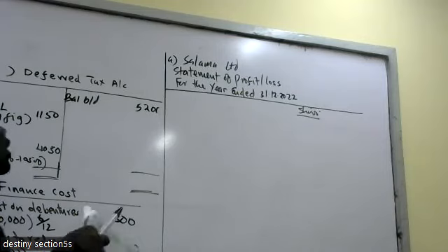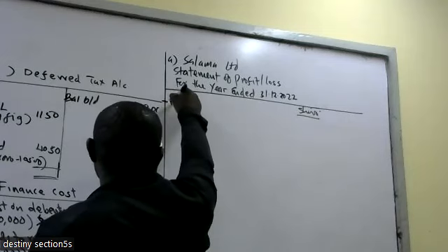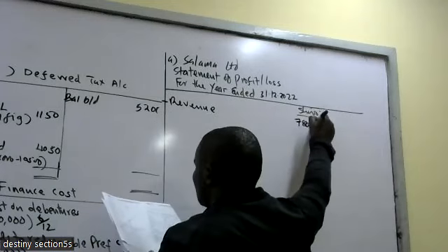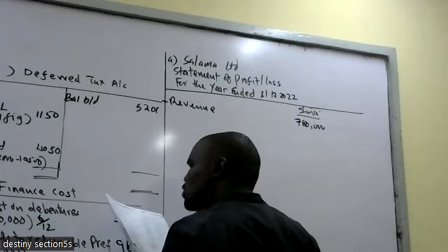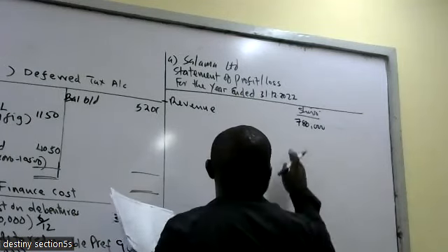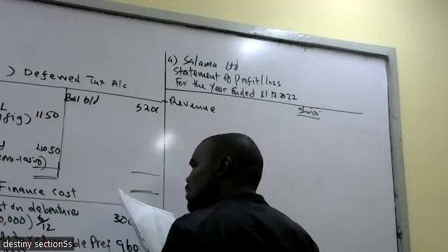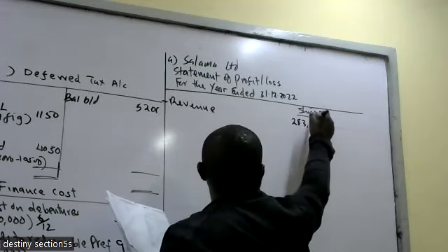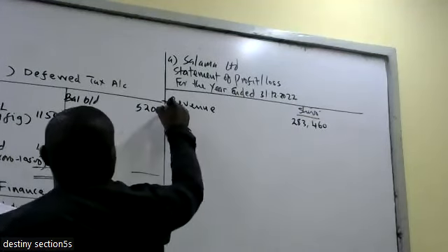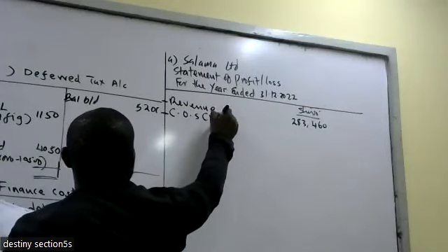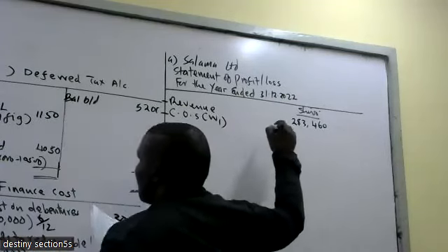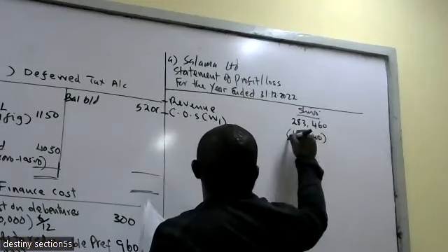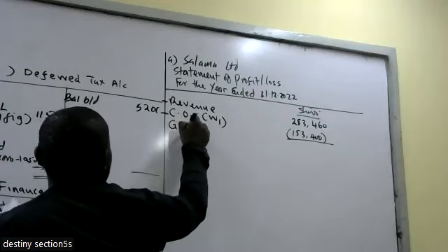All right, so revenue, there was no effect. 780 is enough, or 789. Revenue is 283 or 60. Then cost of sales, working 153,400. So how much is the gross profit?